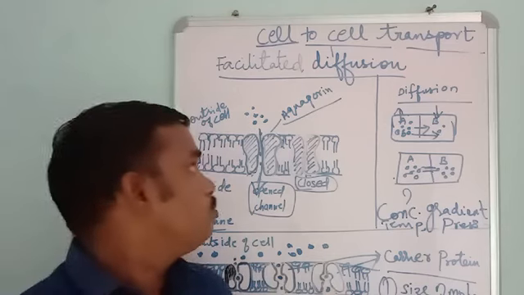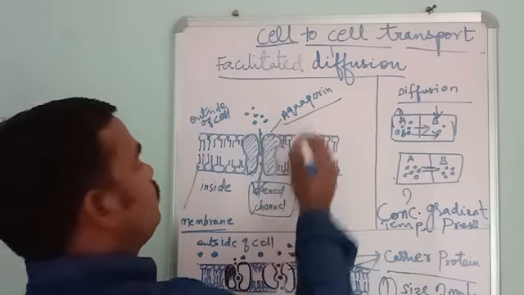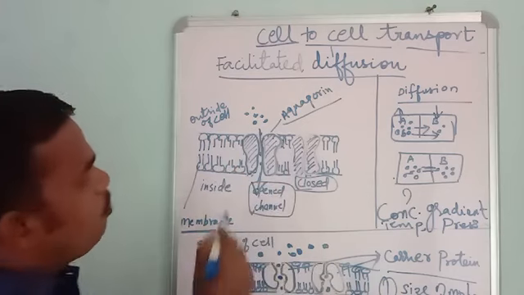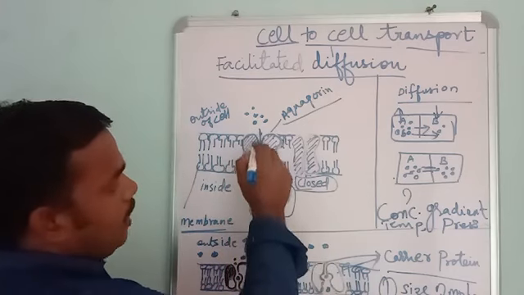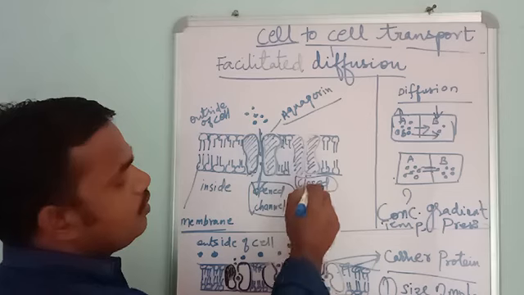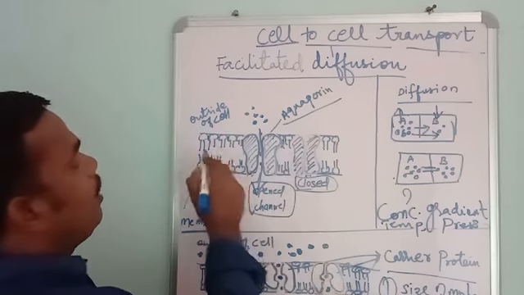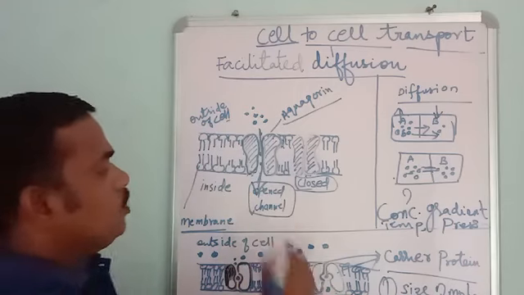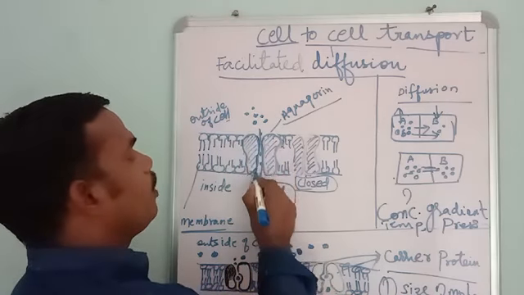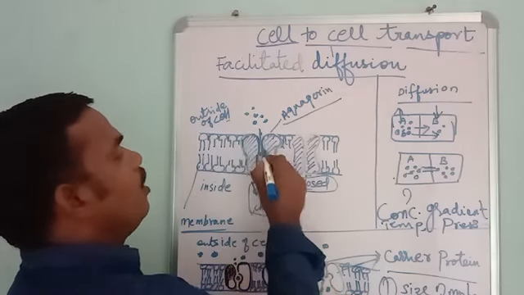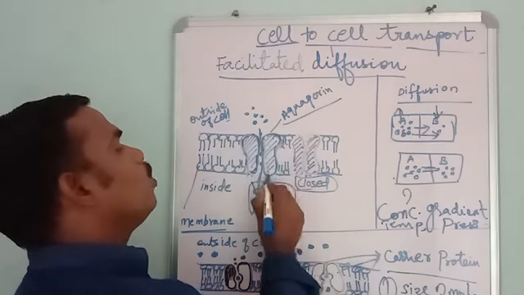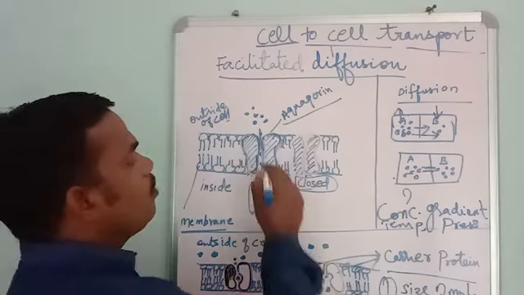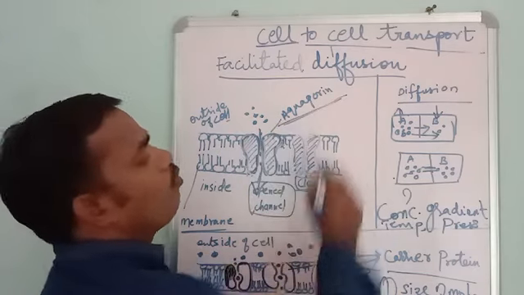Okay, let's move on to facilitated diffusion. Look at this diagram. We can identify one channel that is open and another where the channel is closed. This is the membrane, with the outside of the cell and the inside of the cell. The channel protein is a porin or aquaporin.